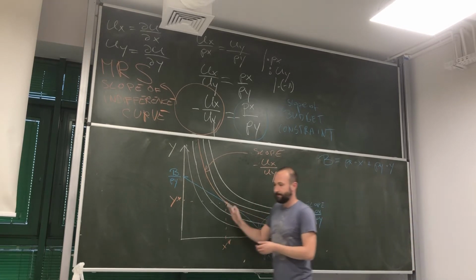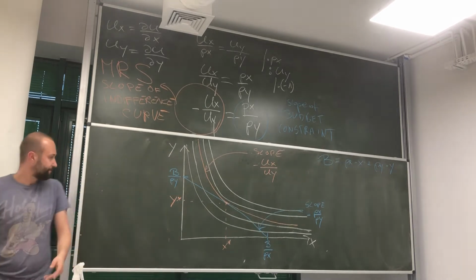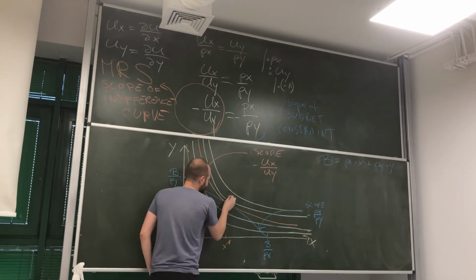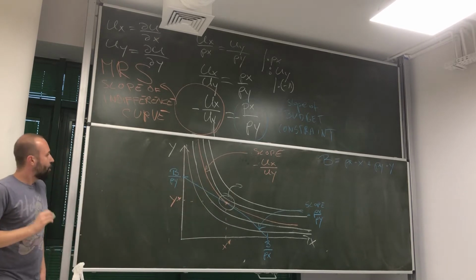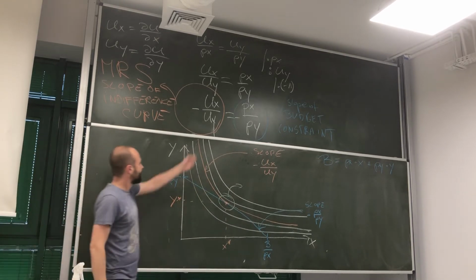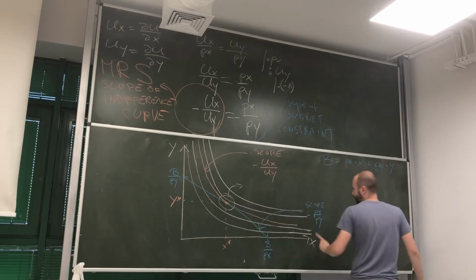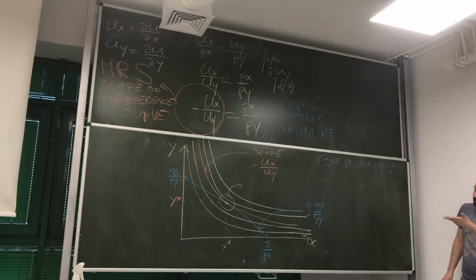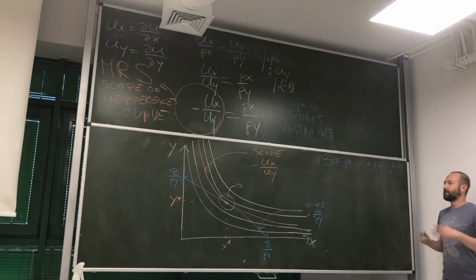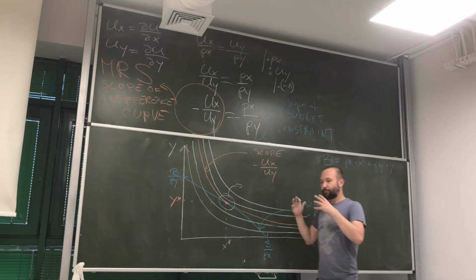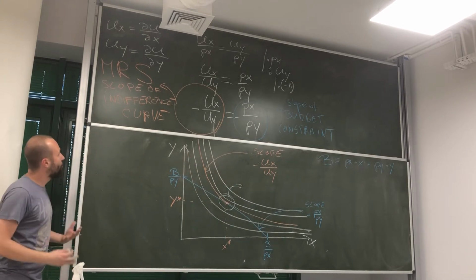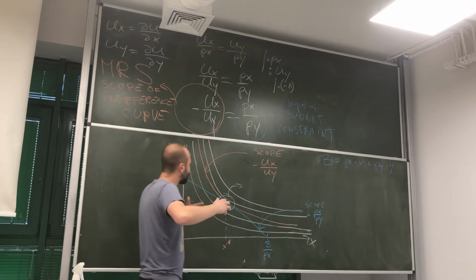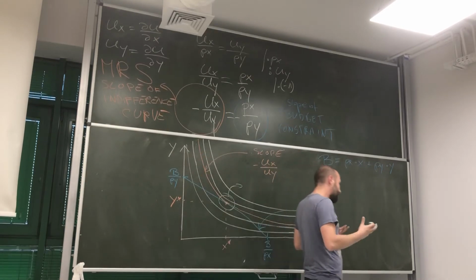And this is the only point at which, of course, this indifference curve is tangent to the budget constraint. Okay, so look, in principle, what we've got over here should guarantee us a maximum.